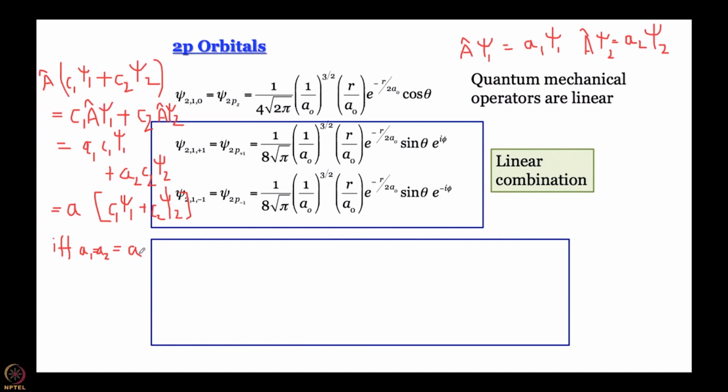If you remember, l and m do not make any contribution to energy for a 1 electron system, it is n all the way. So, these two, psi plus 1 and psi minus 1, these p orbitals actually satisfy the condition that they have the same eigenvalues.